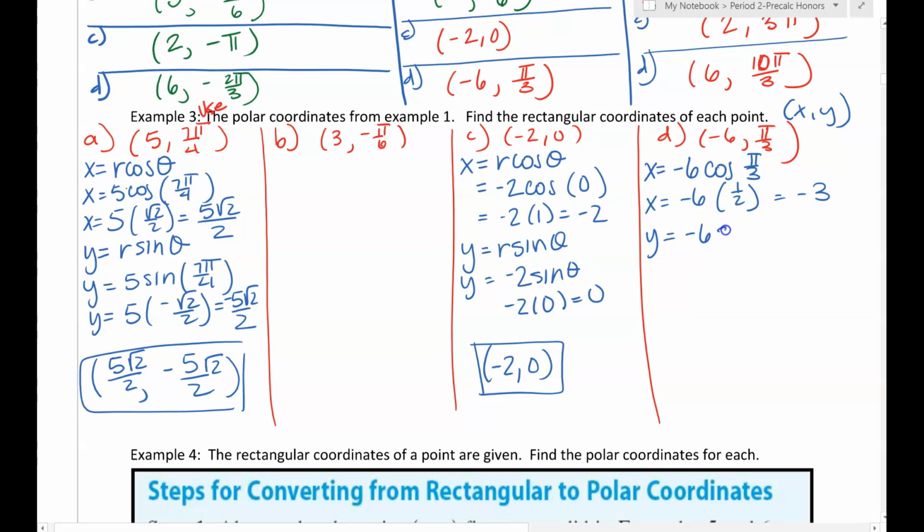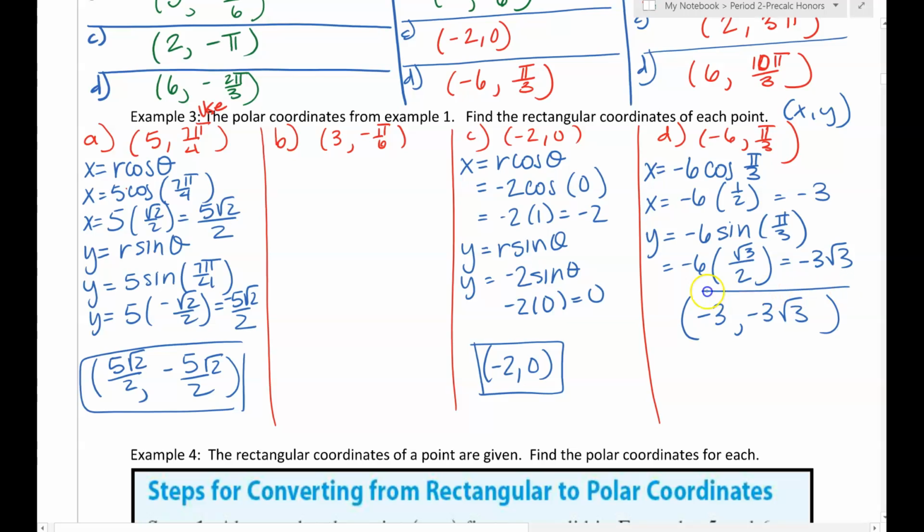R again is negative 6, sine of pi over 3 is radical 3 over 2. This will give me negative 3 radical 3. So put it together as an ordered pair: negative 3, comma, negative 3 radical 3. Box that up.